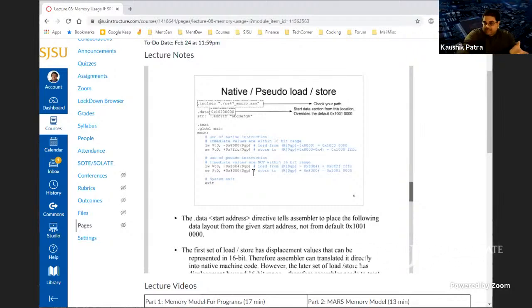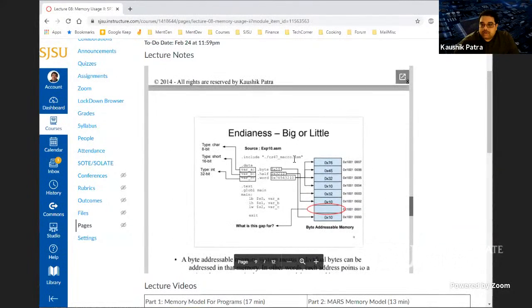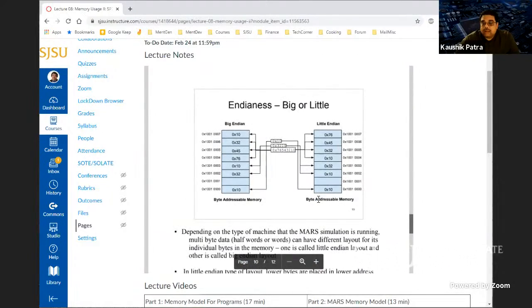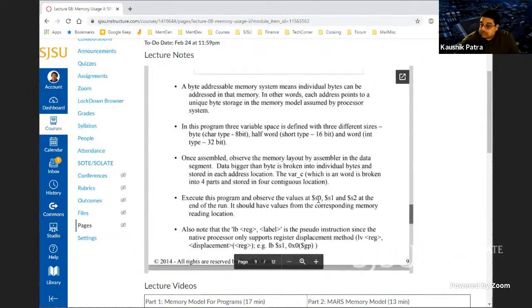But if you assemble that code, you will see it spits out different machine code for these two instructions versus these two instructions. And we try to explain what is going on there. From there, we talk about something called endianness, which is a very important concept, big endian, little endian. Probably you have heard of this term. I'm not sure, you may not have, but it doesn't matter. We'll discuss what that endianness is, and yes, these are all important concepts.